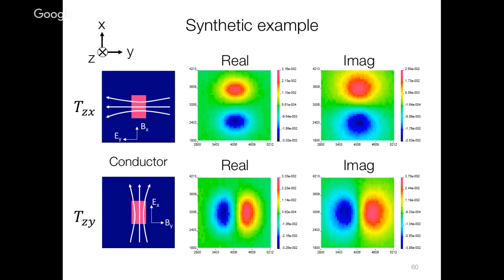So how does this work? We've got a synthetic example here. So let's suppose the electric field is coming in this way. So now, we've got these plane waves that are impinging, and the electric field is going, let's say, in the x direction, and we've got a conductor here. So now we've got a current that's going in like this, and then the magnetic field associated with that would be up here and down here.